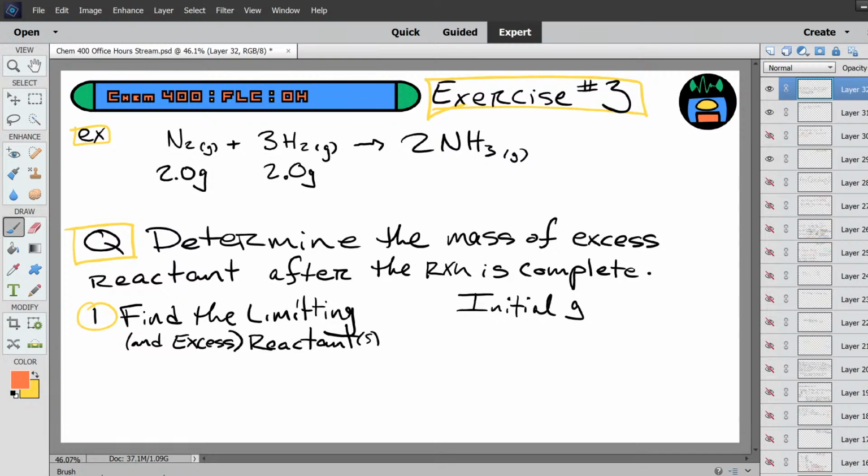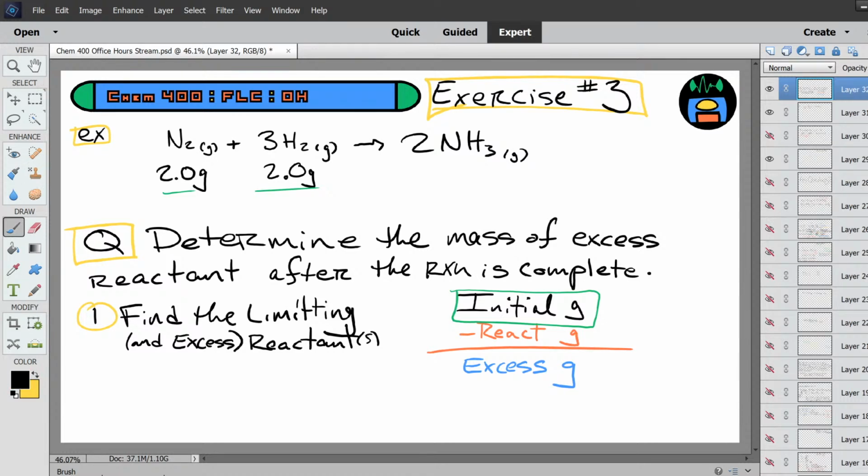You need to subtract the grams that react. And when you take the difference between your initial quantity and the grams that react, that difference will be your excess grams. Now, your initial quantity is whichever one is excess, however much you start with. So you're given that.